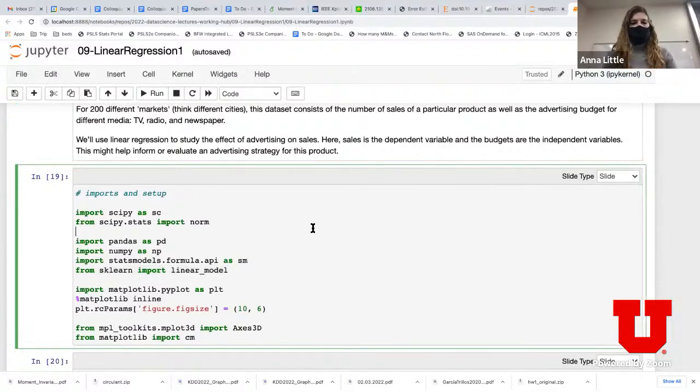Okay, to get us started, we've got our imports, sort of the standard stuff. Special for today, we're importing this linear model from sklearn, and also statsmodels.